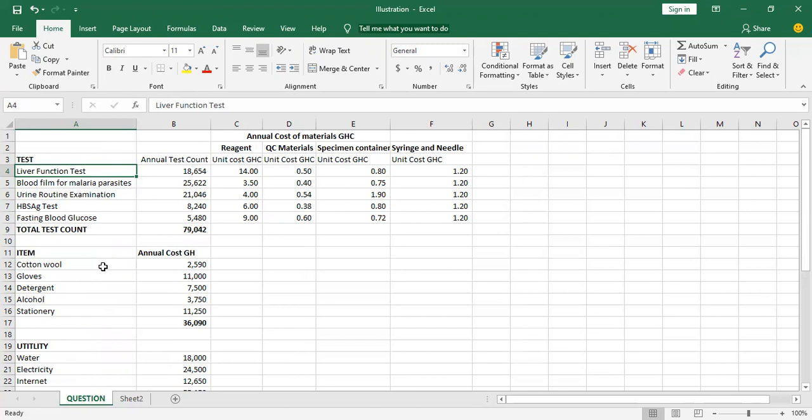It is so difficult. You can't just look at it and say, this test used this amount of cotton wool, because when we are using cotton wool, we don't use it for each test. We use it to handle a number of tests.